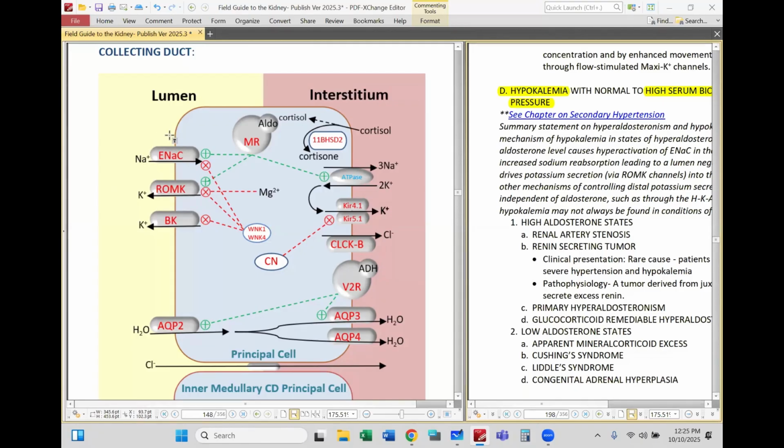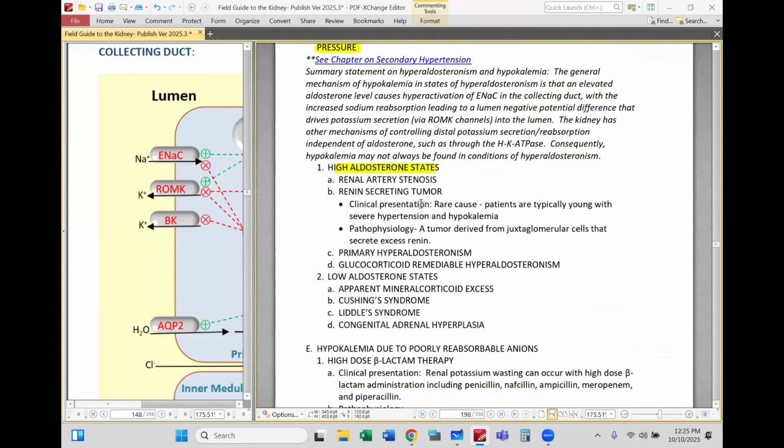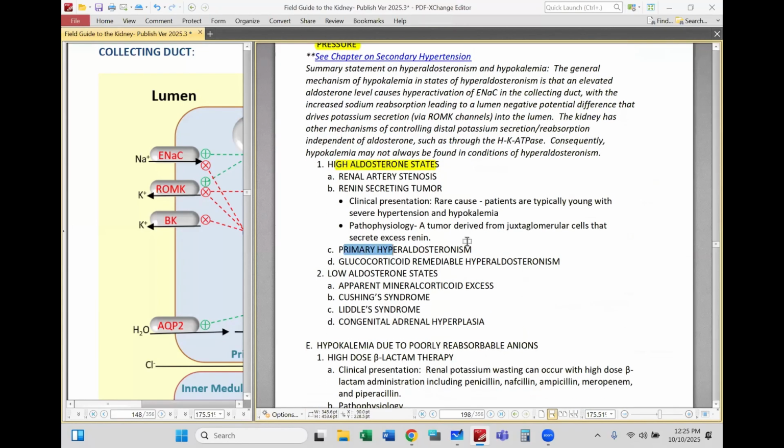The hypertension arises because of the sodium avidity, right? So that's a classic primary hyperaldosteronism as one explanation for renal K loss. High aldosterone states, okay, include primary hyperaldosteronism and high aldo because of hyperreninemia, right? That's renal artery stenosis, hyperreninemia.